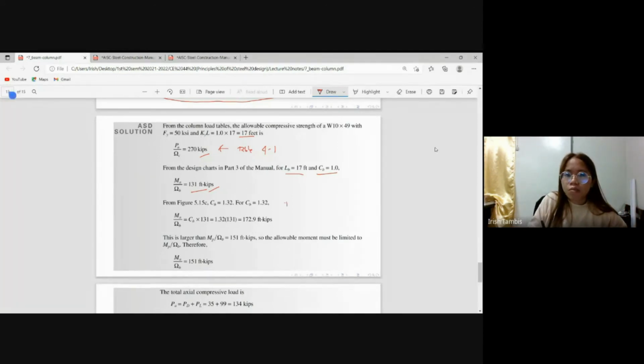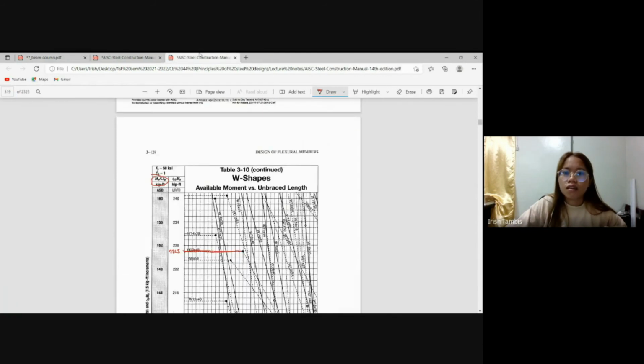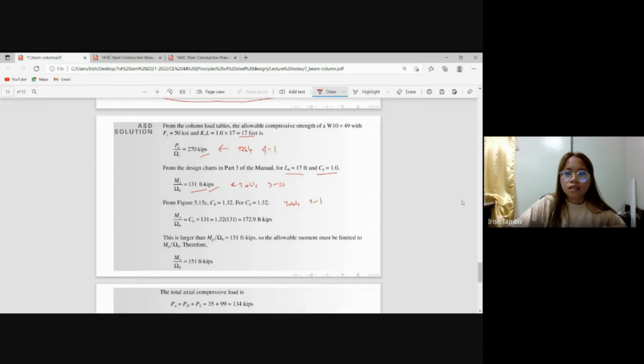This is table 3-1, and this one is table 3-10. So that this C sub B will be multiplied to this ASD solution, 131. So the answer is 172.9 feet kilopounds.